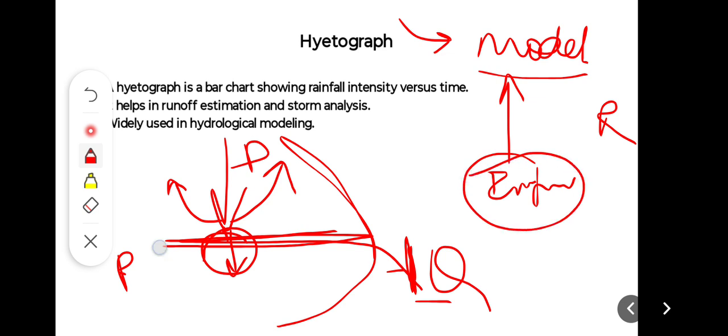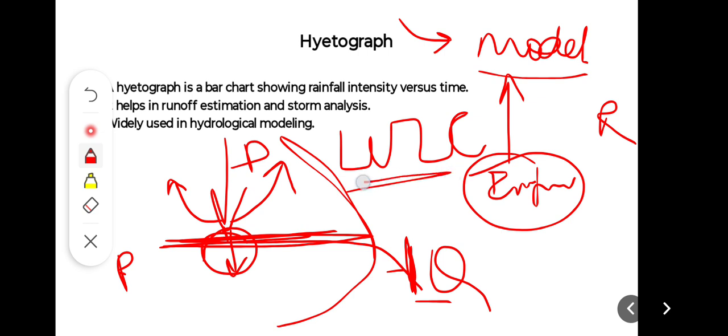And what is the land use and land cover, LULC data? Why is it important? Because it tells how the water can travel over the surface. If the surface is impervious, like concrete, then rainfall on it automatically becomes runoff and can't go to the underground aquifer.